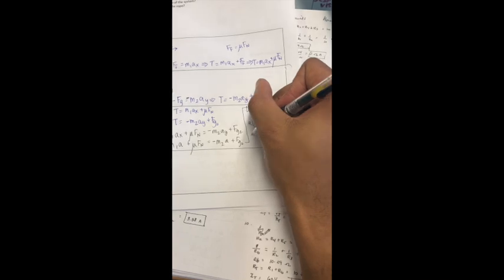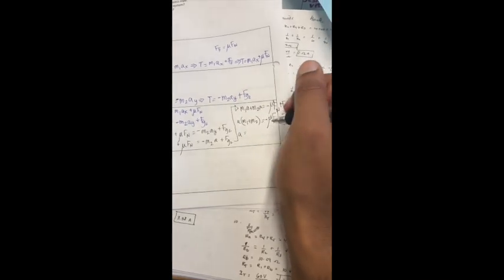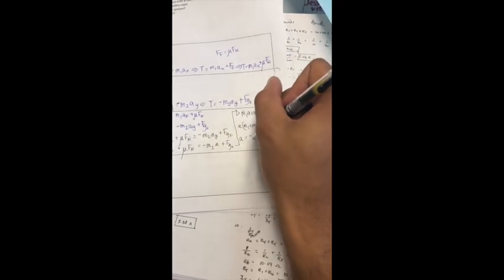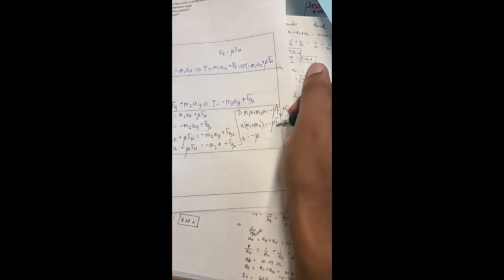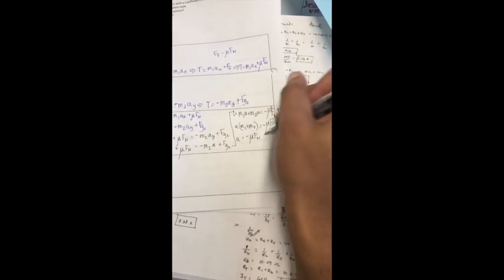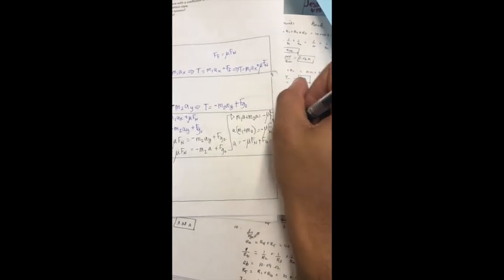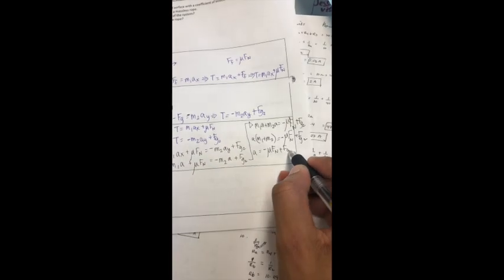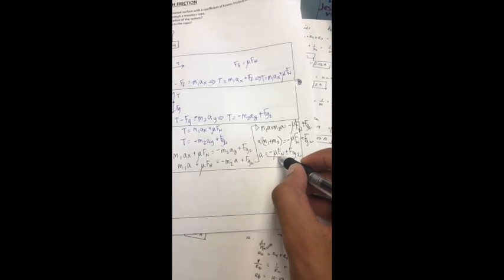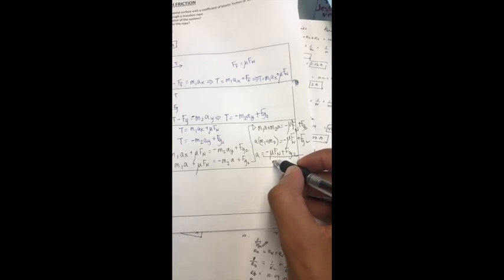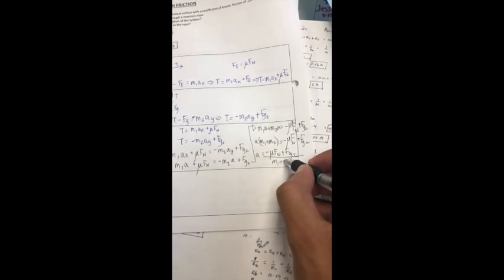Now the rest is simple, just divide by the sum of the masses. So acceleration is equal to negative mu Fn plus Fg2 divided by m1 plus m2.